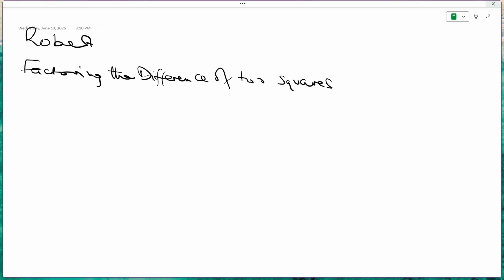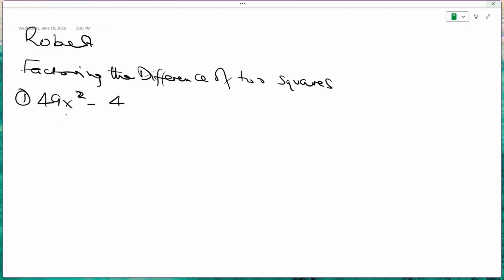We'll look at two squares, the difference of or addition of two squares, but we'll first deal with the difference of squares examples. So now let's look at example number 1. 49x squared minus 4.